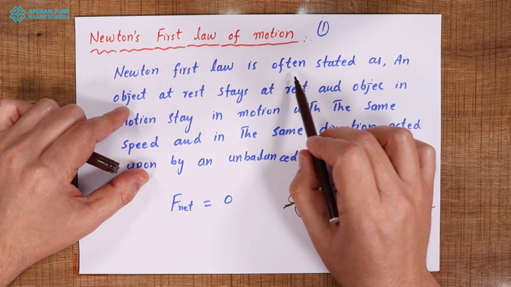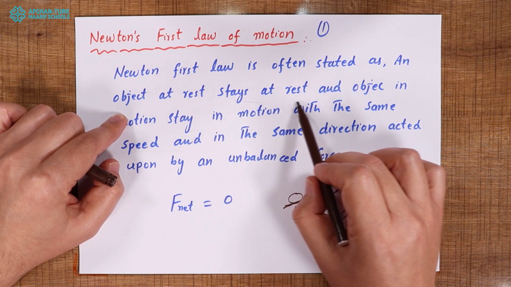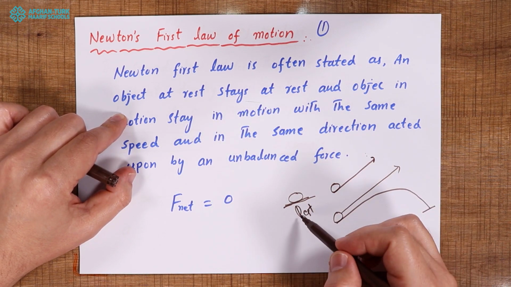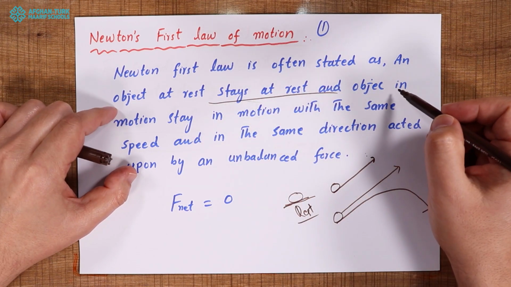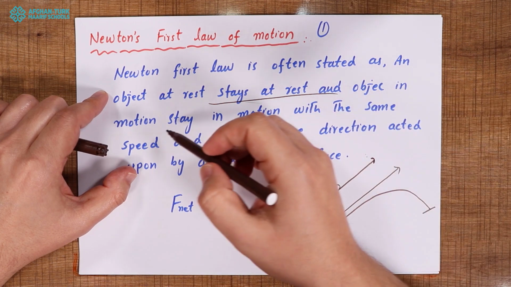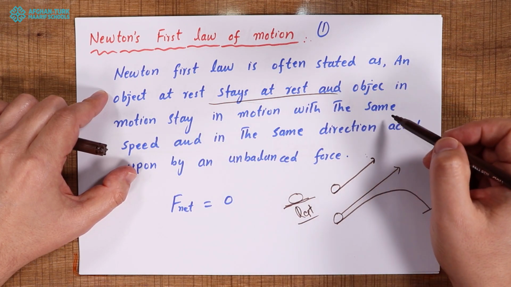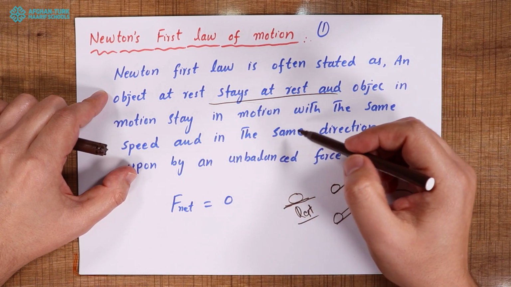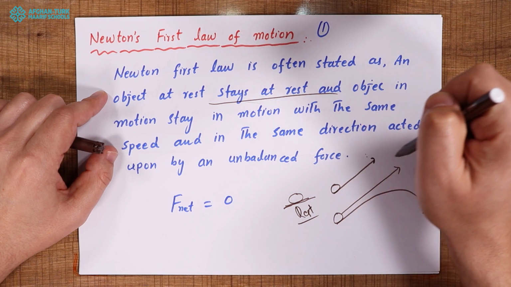Newton's first law is often stated as: an object at rest stays at rest, and an object in motion stays in motion with the same speed and in the same direction unless acted upon by an unbalanced force.